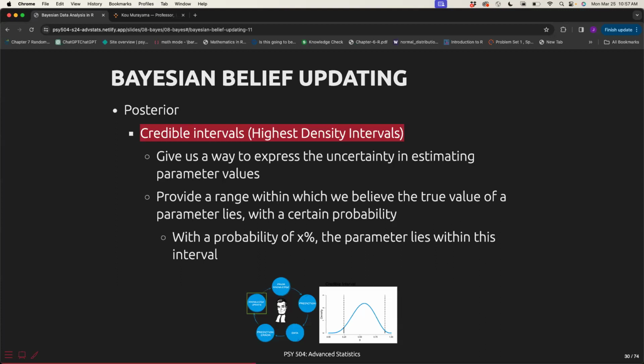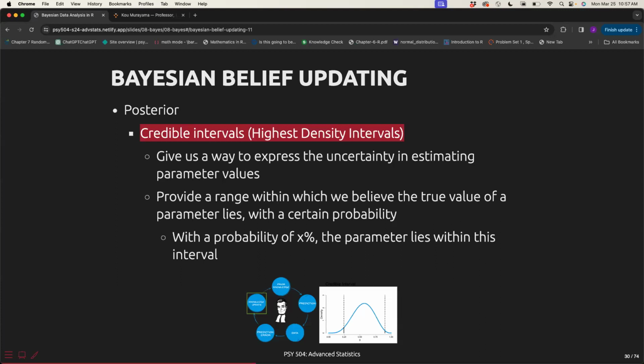Yeah, confidence intervals. Does anyone want to take a shot at defining what a confidence interval is? So a lot of people like to interpret confidence intervals in the frequentist sense as credible intervals, but they are not.